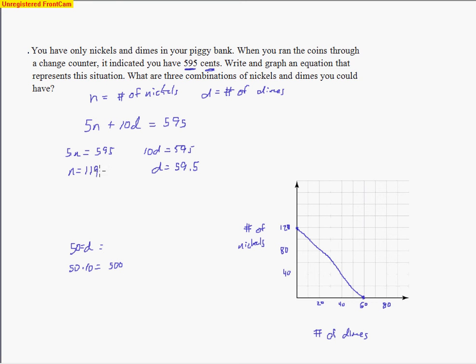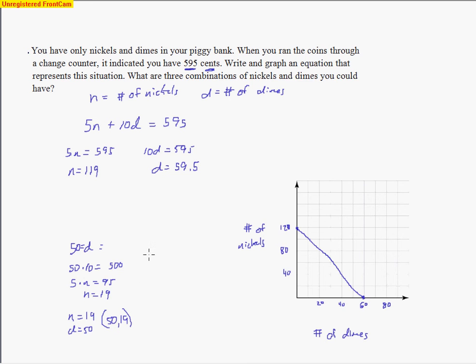And so I need now 95. How many nickels would that be? So 5n equals 95. Do the division, and I see that would be 19. So that could be one scenario. I could have n equals 19 and d equals 50. That would be 50 comma 19 in my case, because I did dimes and then nickels. And so that's just an example.